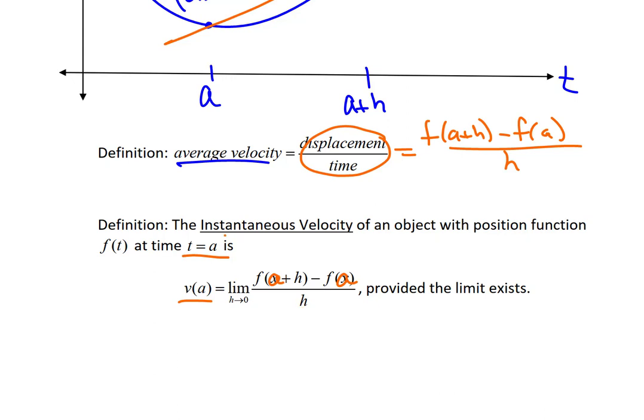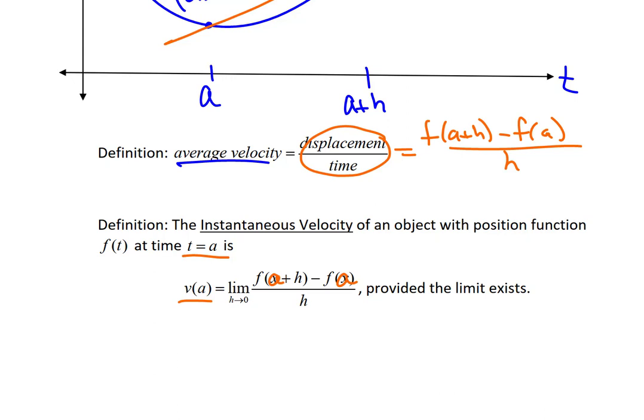Okay, let me say that again. The instantaneous velocity at time t equals a is given by the following function. v of a equals the limit as h approaches 0 of f of a plus h minus f of a all over h, provided the limit exists.